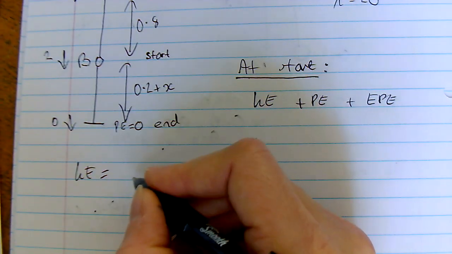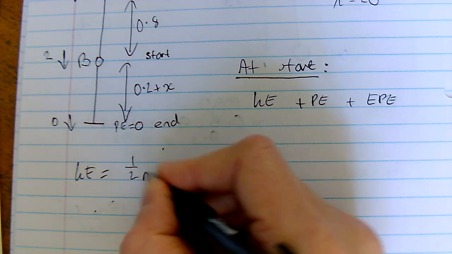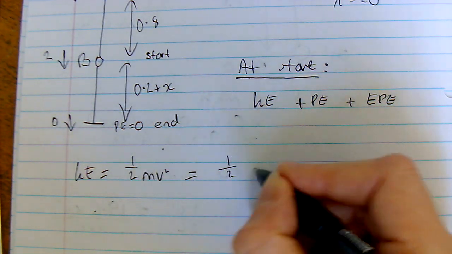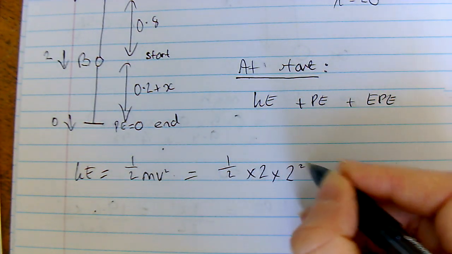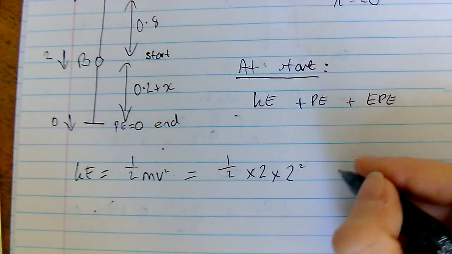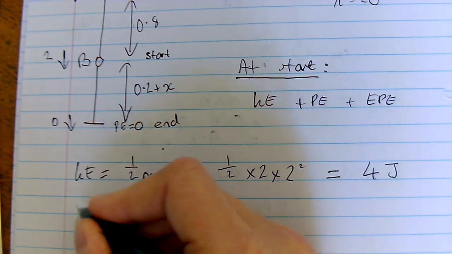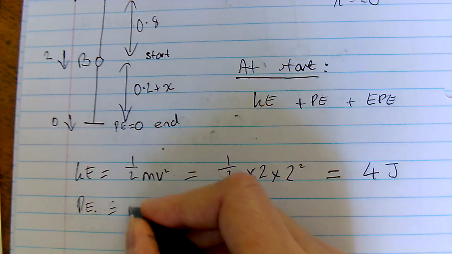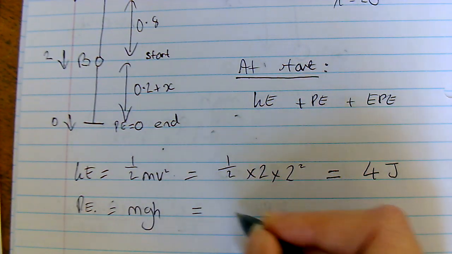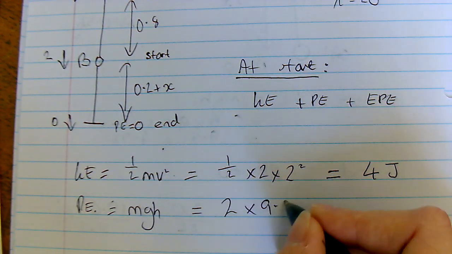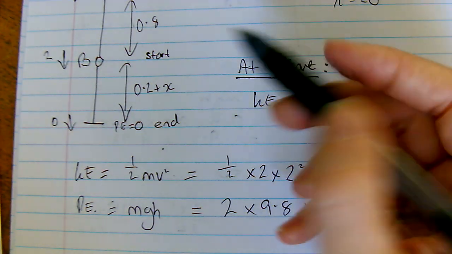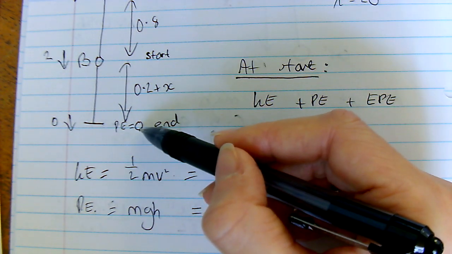kinetic energy, half mv squared. Remember the speed at the start is 2, so if I put 2 in for that, it's going to be 4. If I work out the potential energy, mgh, so 2 times g times the height. Now remember, this is where potential energy is 0.